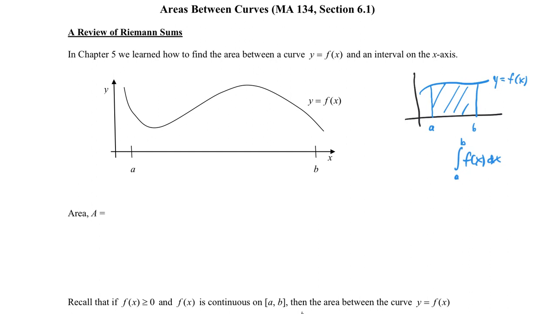So more formally, let's consider this curve here, y equals f of x. We've got our x-axis here, and we're interested in the area underneath this curve between a and b once again. We're looking for this area here.